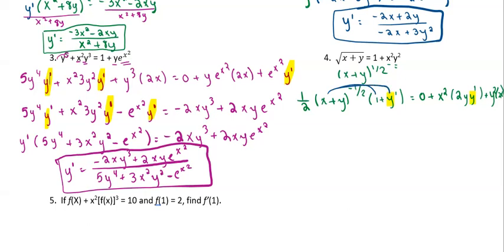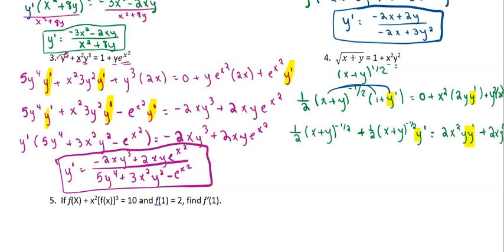So that will look like 1/2 times x plus y to the negative 1/2 times 1, so that doesn't change, plus 1/2 times x plus y to negative 1/2 y prime equals, and then over here we have 2x squared y prime plus 2xy squared. Okay, so now at least we have our y primes so that we can see them.